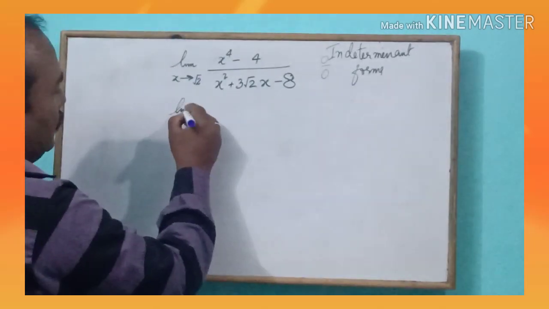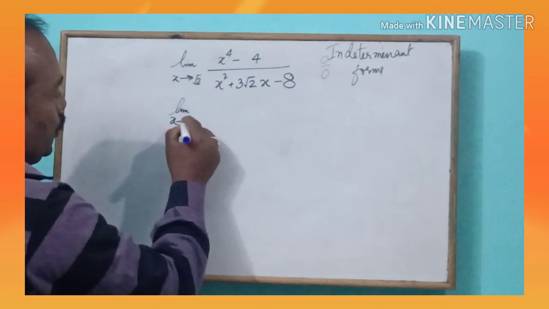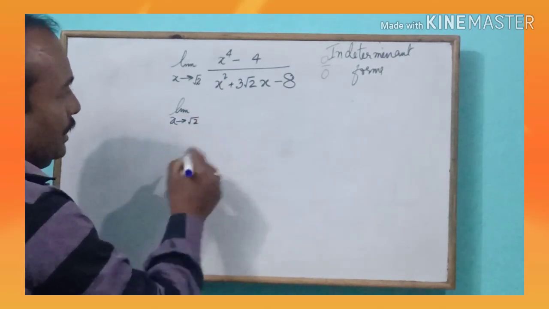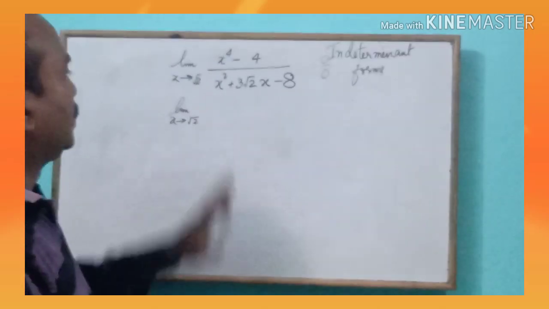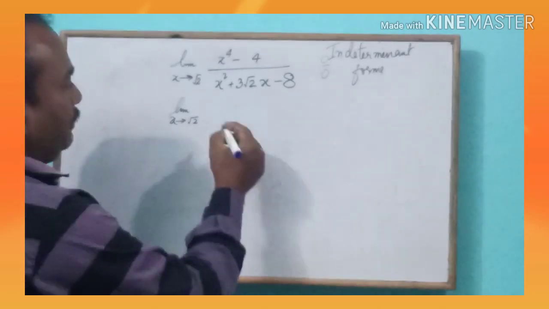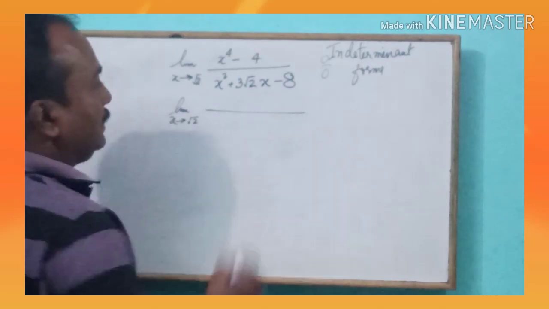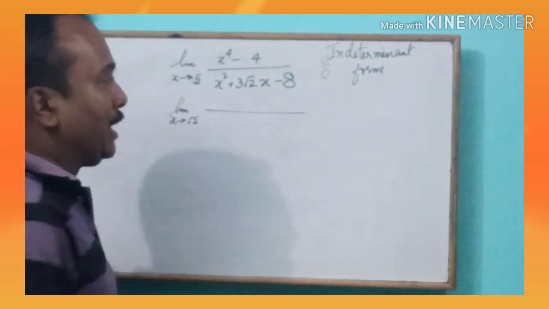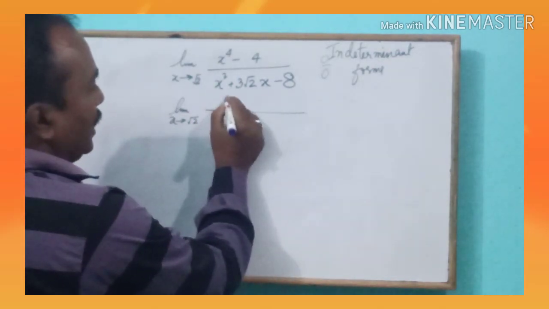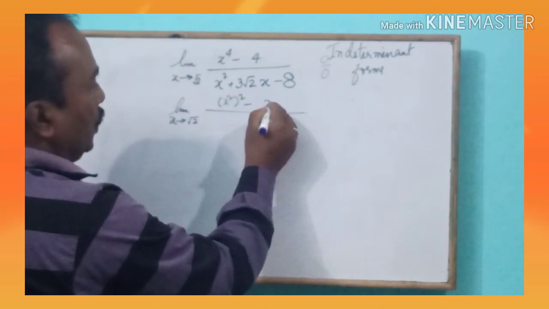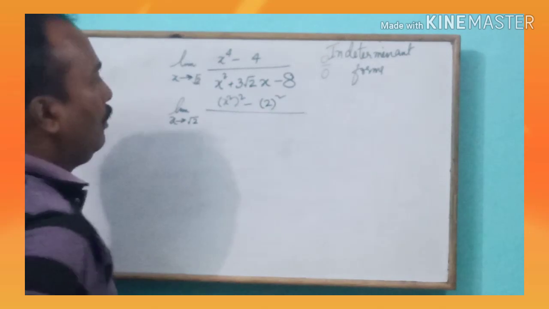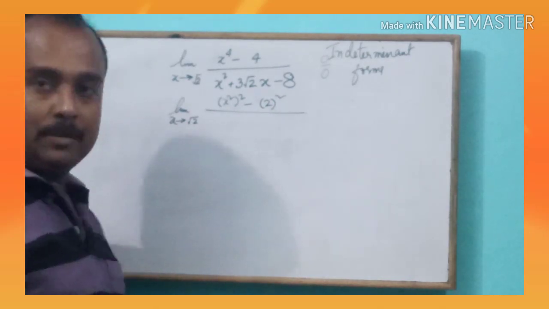So limit x tends to root 2. You should not get confused or panicked seeing so many roots. It is very easy to factorize. The numerator is x square whole square minus 2 square, which is in the form of a square minus b square.